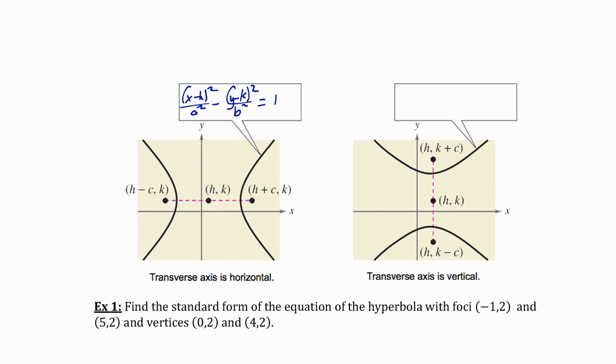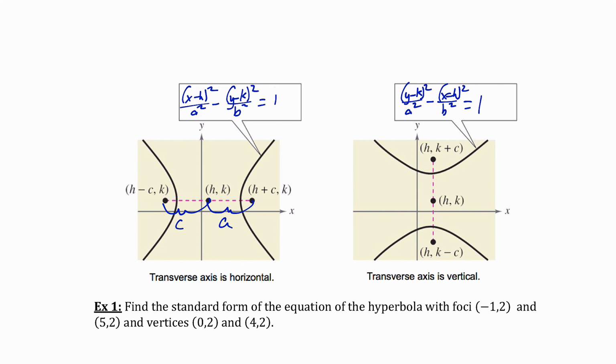And in this image, we have two things we need to identify. The distance from this focus to the center is c, and from the center to the vertex, that's a. Now the other one, we've got a vertical transverse axis, so we're going to do the y group first: (y minus k) squared over a squared minus (x minus h) squared over b squared equals 1.